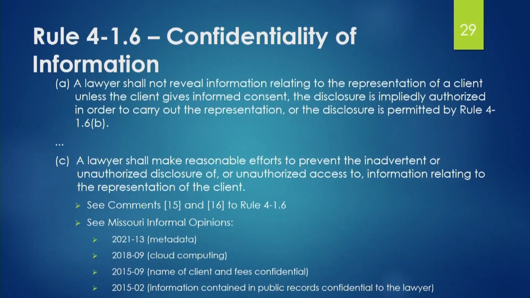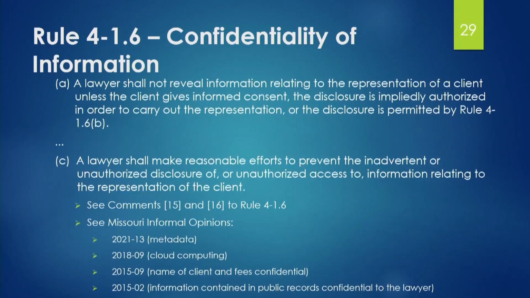So let's move on to, I think, the next most important rule when it comes to your ethics responsibilities, and that is confidentiality of information, because what we're really talking about here is your client's confidential information. So under Rule 4-1.6(a), we all know that you have the obligation to hold your client's confidences and that you are prohibited from revealing information relating to the representation of the client unless the client has given informed consent or you meet one of the exceptions of this rule.